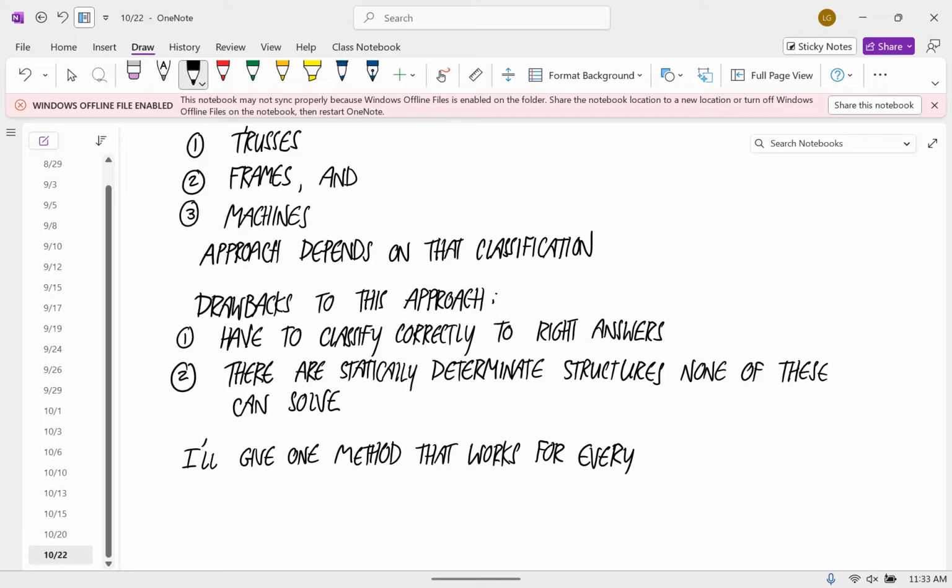And there are no structures that are statically determinate that this can't solve. The downside of that is it can produce a lot of equations and a lot of variables.